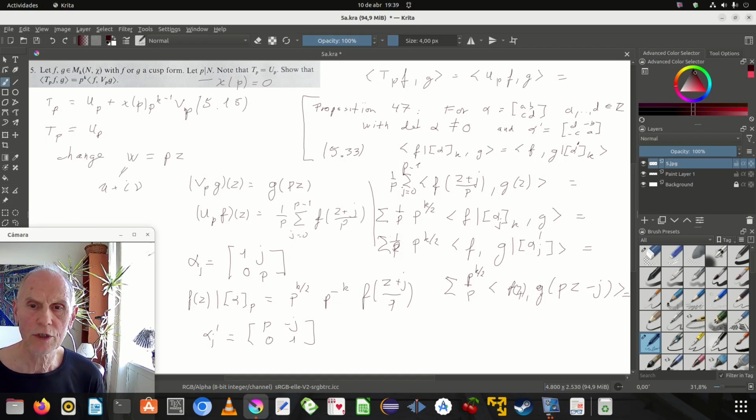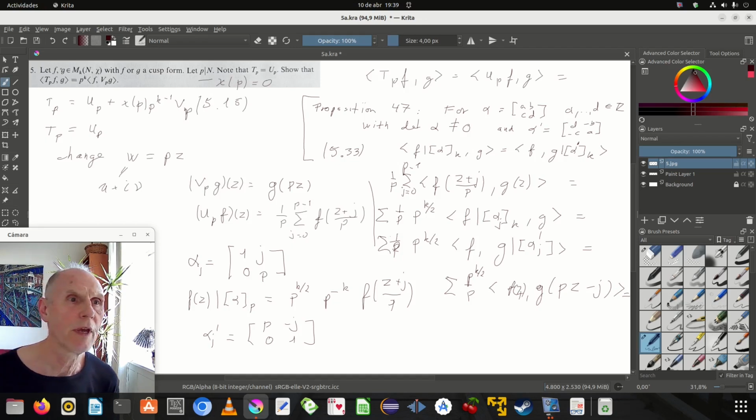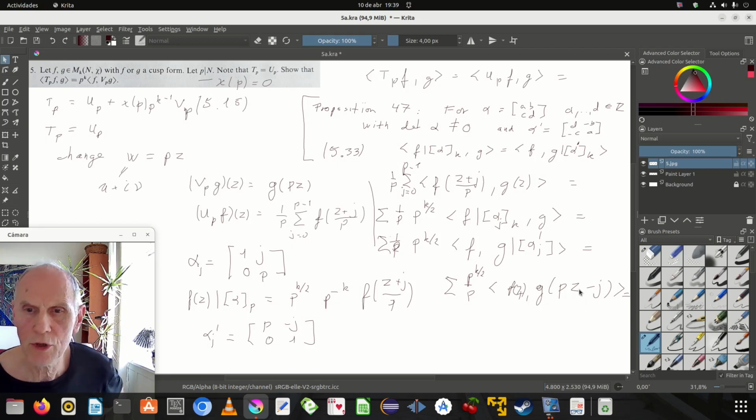And since g is in M_k of Gamma_0, it's periodic with period 1, so they all give the same no matter what j is.